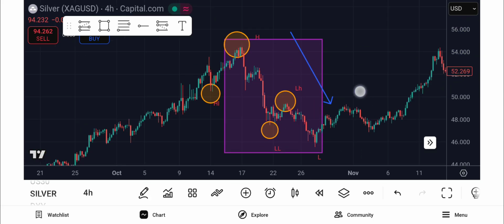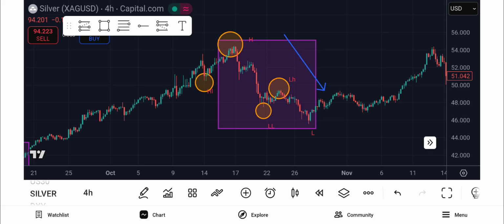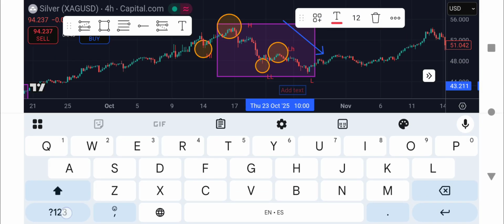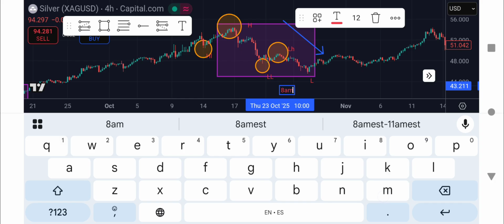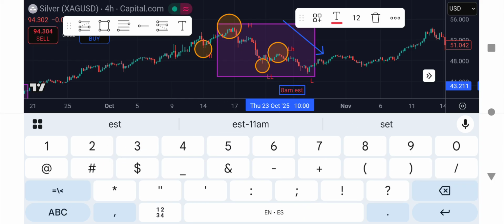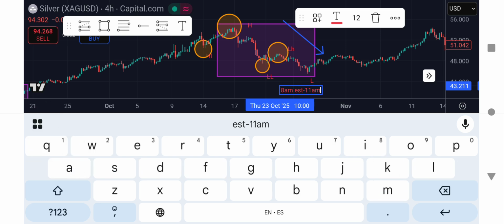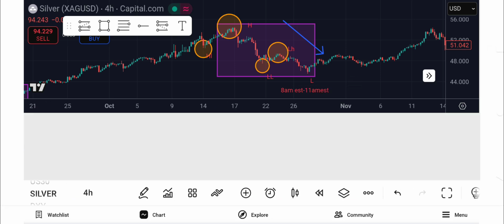Okay, so how do we get entries? First, once you identify the trend it's in, you need to wait for this time, 8 a.m. Eastern to 11 a.m. Eastern, Eastern Standard Time.